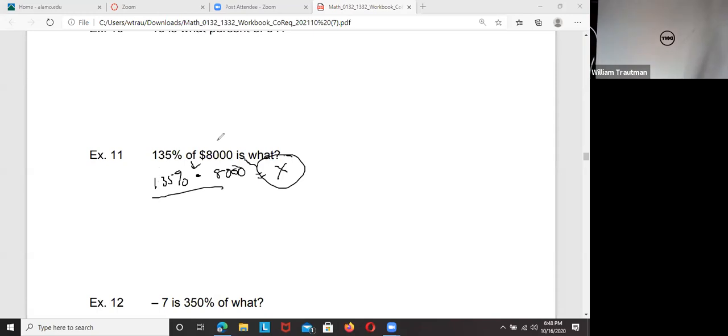Don't forget the percent symbol. 135% times 8,000. Now, remember, 100% is all of 8,000. 135% is more than all of it. So you should get a number larger than 8,000, and I do. I get 10,800. 135% times 8,000 equals 10,800.